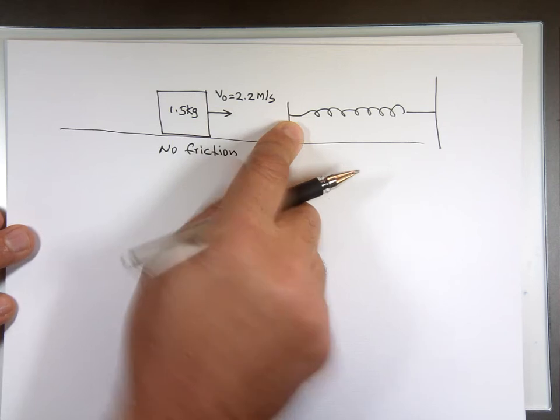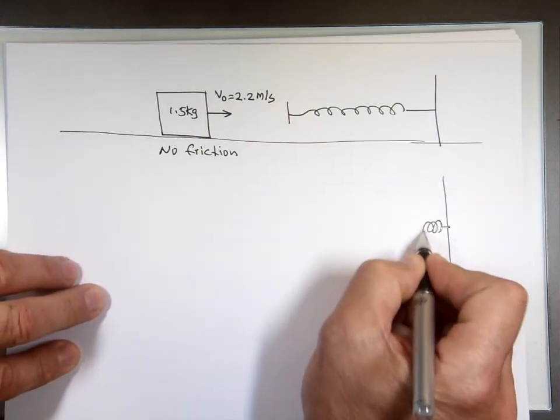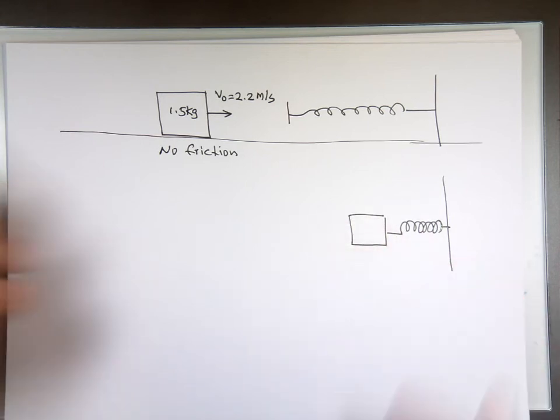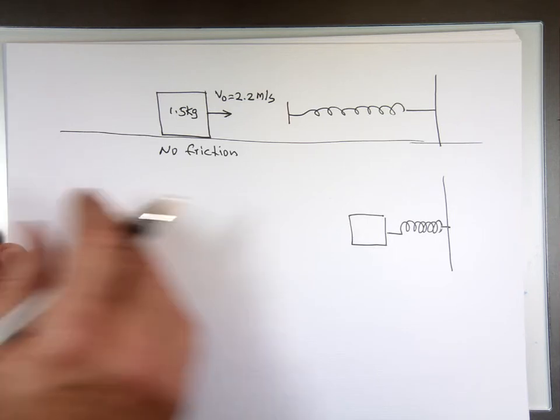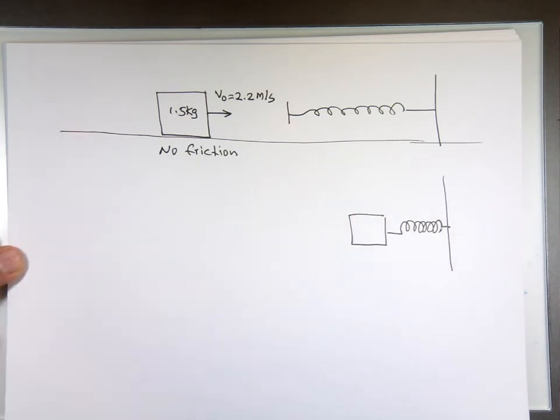What happens when it hits the spring? It's going to compress the spring, and the block of wood is going to stop here. Then if there's no friction, it's going to slow till it stops, then it goes backward in the same direction it came in, flying.